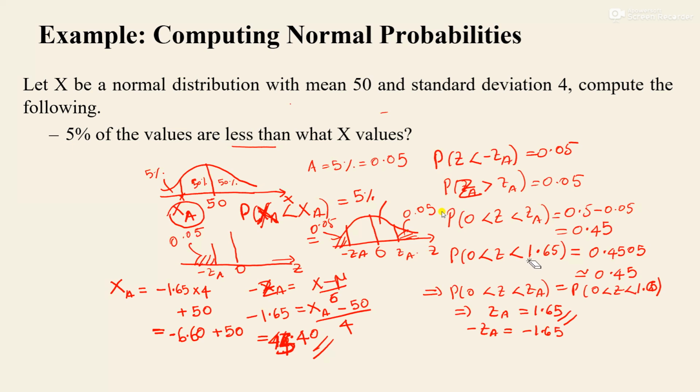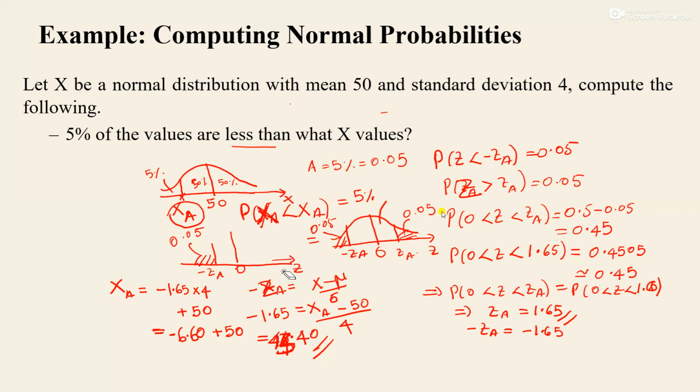When Z is equal to 1.65, we have area 0.4505, which is approximately 0.45. So from this, Z is equal to 1.65. But we need minus Z, which is minus 1.65.